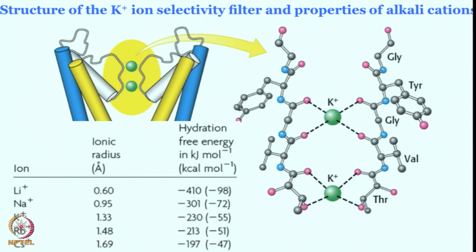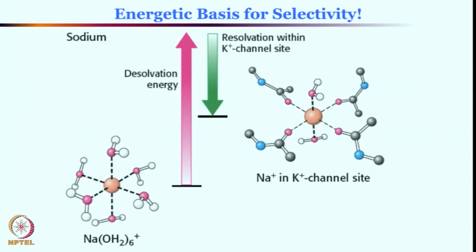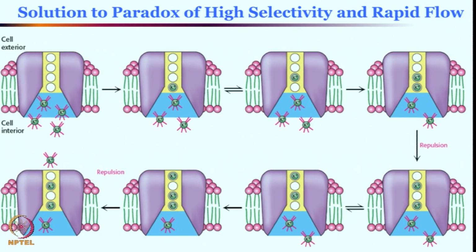However, if that is the case, of course we now understand the selectivity factor perhaps, but why is potassium ion passage so fast and so effective? So, not only high selectivity, but still a rapid flow can be maintained. Why is that? This is precisely due to the repulsion among the potassium ions, which is quite interesting.